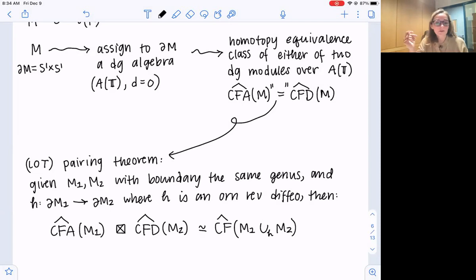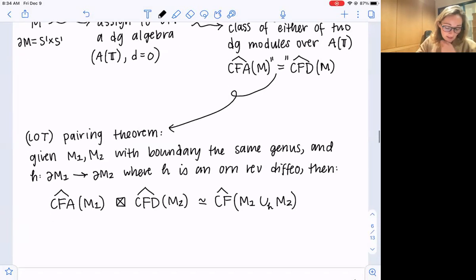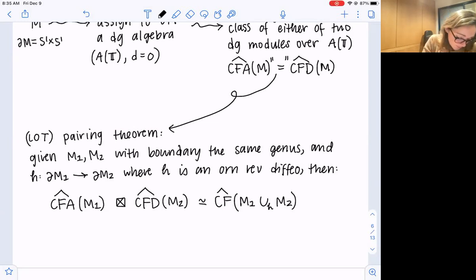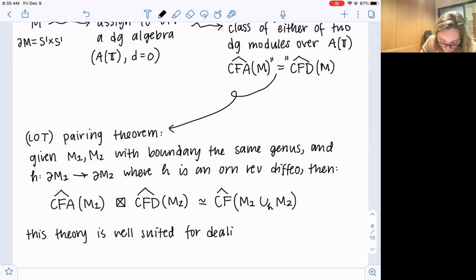I didn't tell you about the closed invariant because I don't need it today, because in particular, the point here is that this theory extends over three manifolds with two boundary components. And so this theory, we'll claim, is well suited for dealing with satellites in the following way.